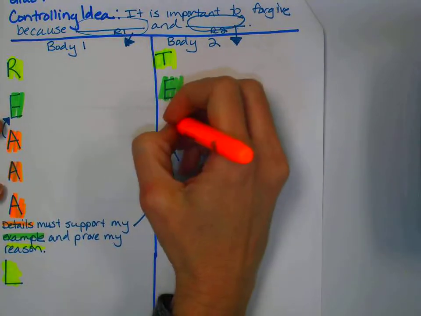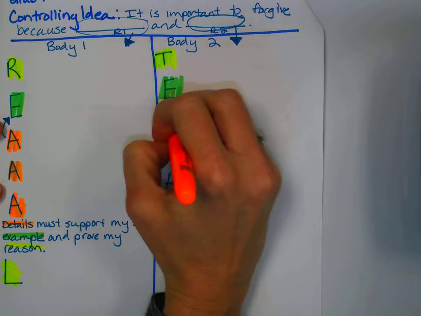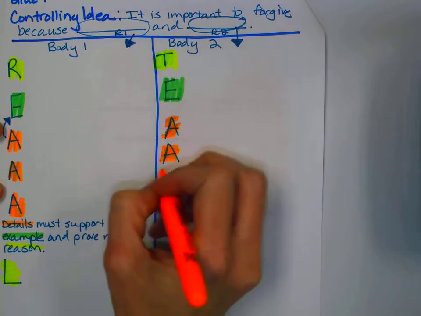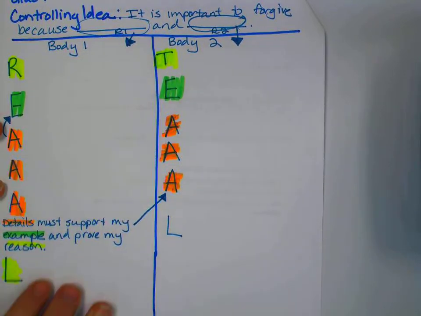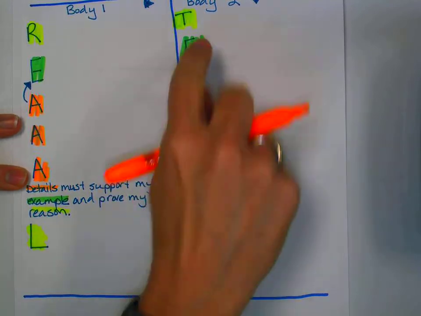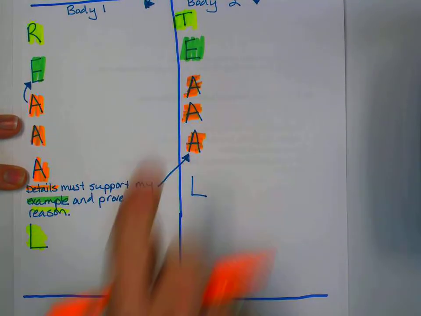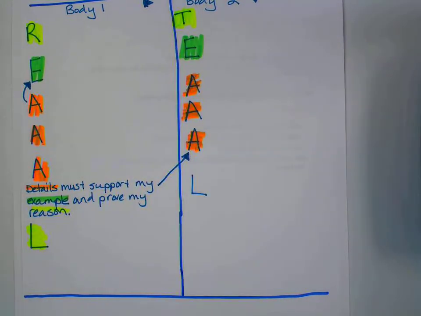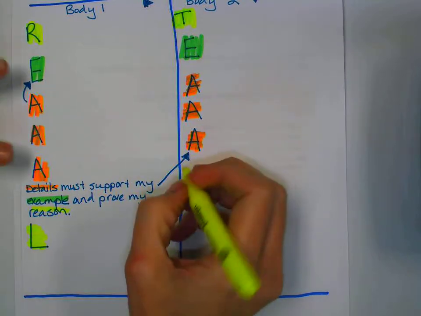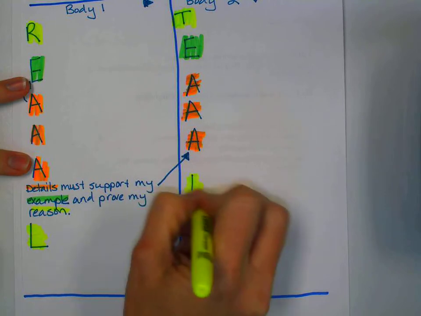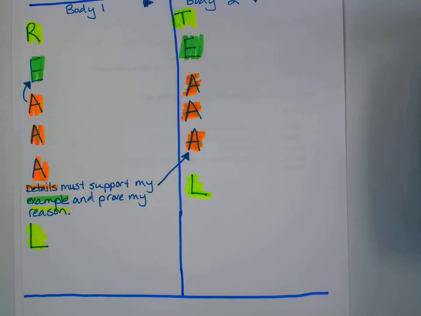You're going to add your at least 3 details. And remember, your details must support your example and prove your reason number 2. And then you're going to link it back to your transition.